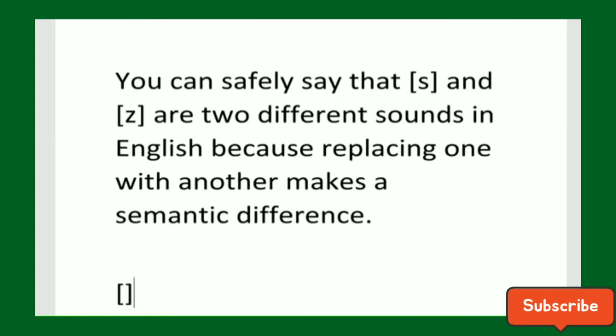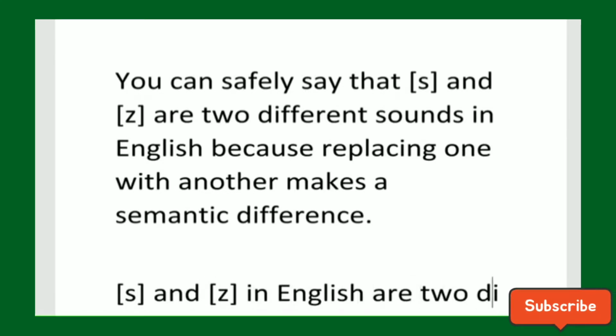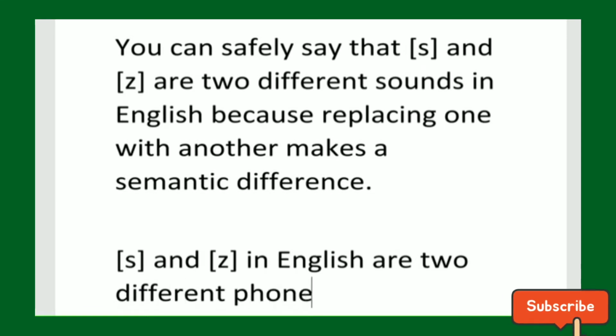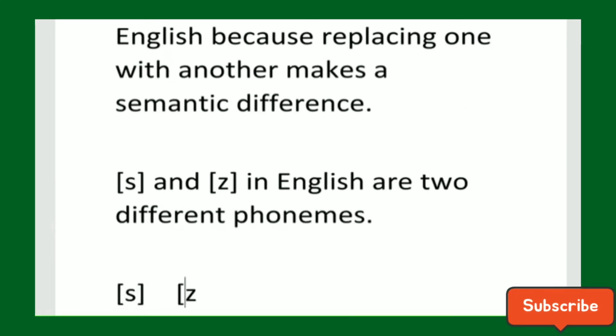You can say it in technical language: sa and za in English are two different phonemes. There's no problem in distinguishing sa from za, in the sense that you can say, okay, sa is a different sound than za. We can agree on that, right?